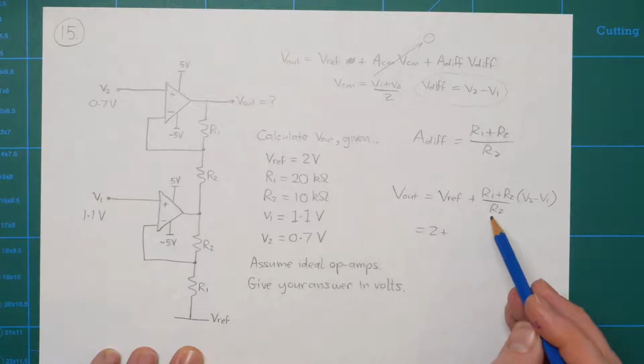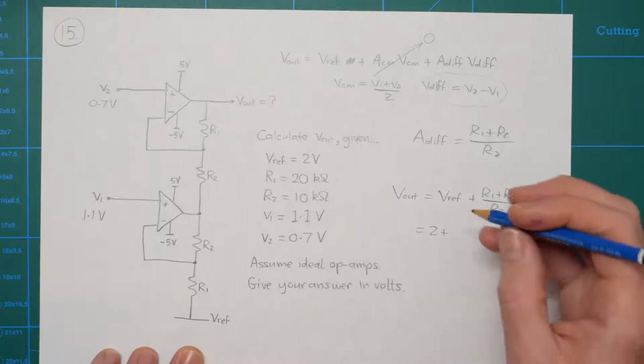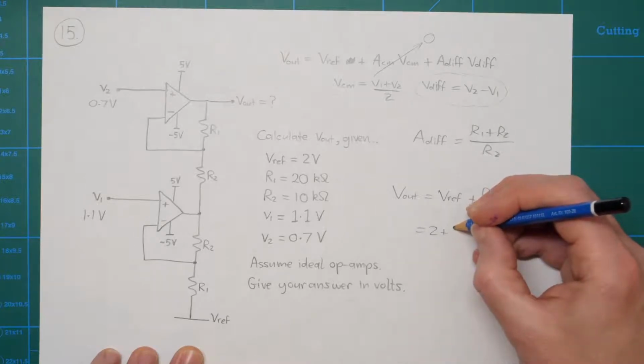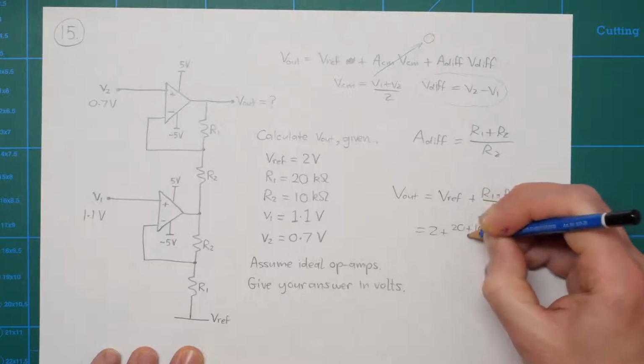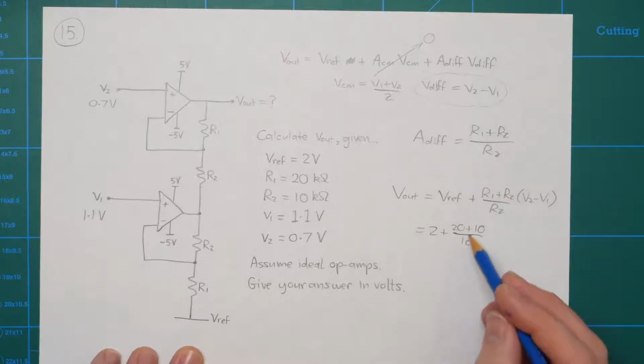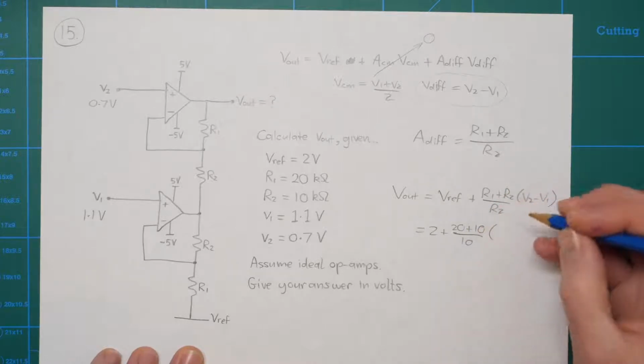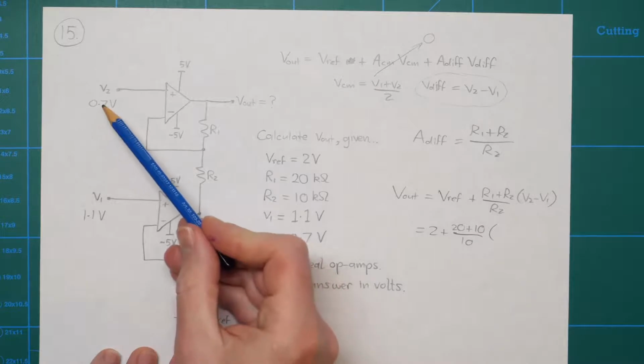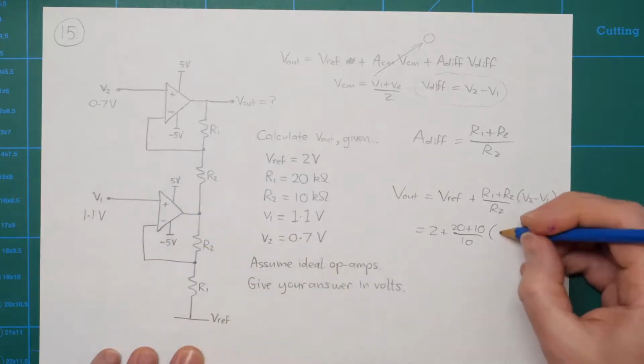R1 plus R2 over R2 is 20 plus 10 over 10. So the differential gain is 3. And V2 minus V1, that's 0.7 minus 1.1.